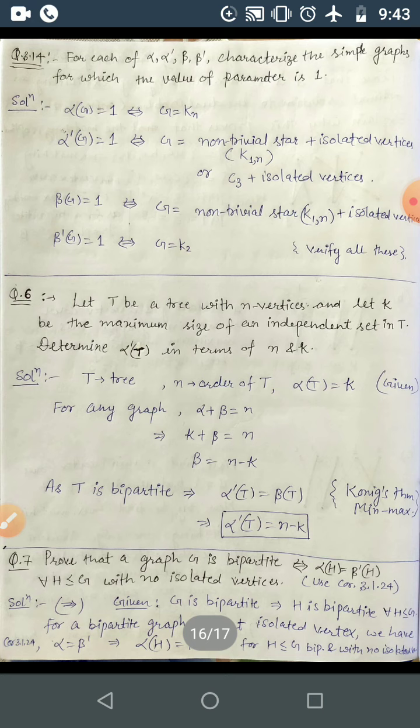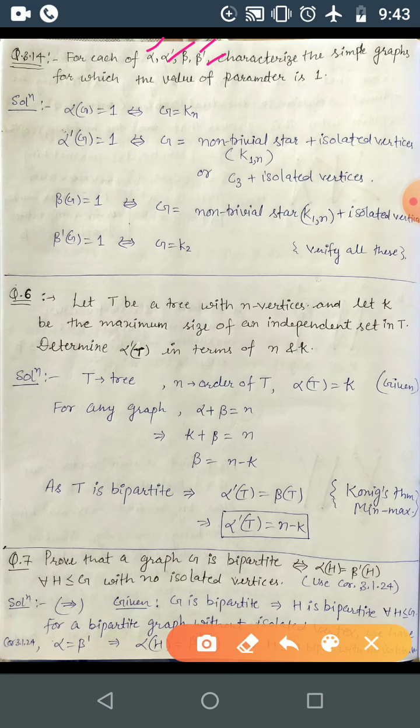Now come to question number 4. So here for each of alpha dash, beta dash, characterize the simple graphs for which the value of the parameter is 1. So you need to find all the graphs for which these parameters have value 1.